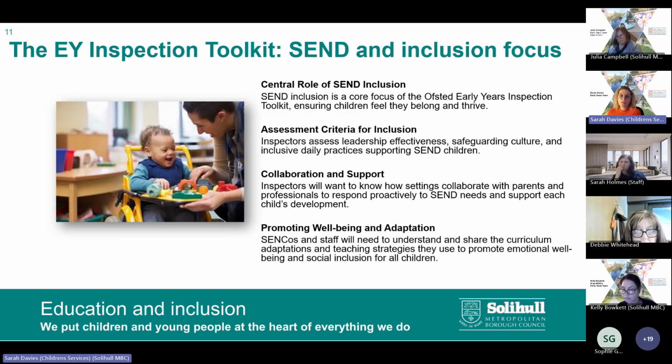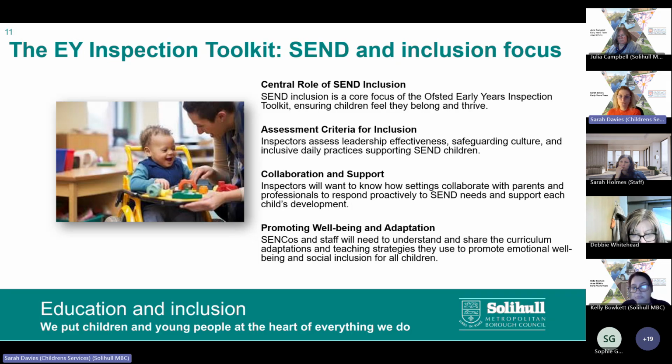So this would usually be a child classed as vulnerable, for example, a child in receipt of early years pupil premium, a child with SEND, or in the care of the local authority. And typically, inspectors and leaders would choose one child from each room. Remember, evidencing inclusion isn't something you can pull out of the bag on inspection day.